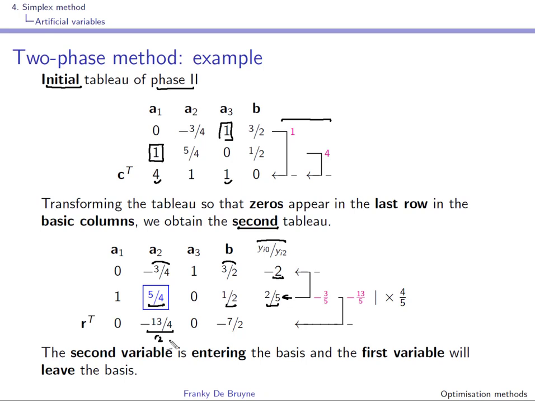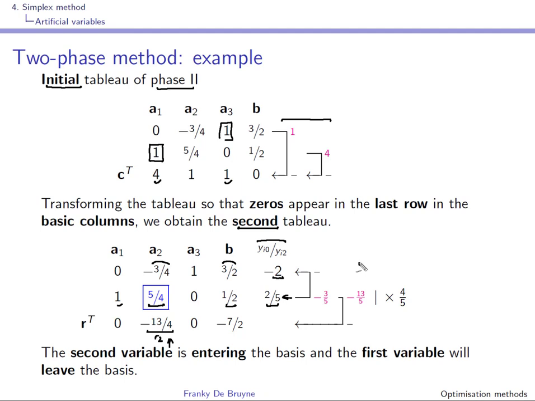We have now selected the variable x2 that is going to join the base, and from this row we can see that the variable x1, the old pivot, is going to leave the base, and this means that this element 5/4 is the new pivot, and of course we have to create zeros above and below this pivot.